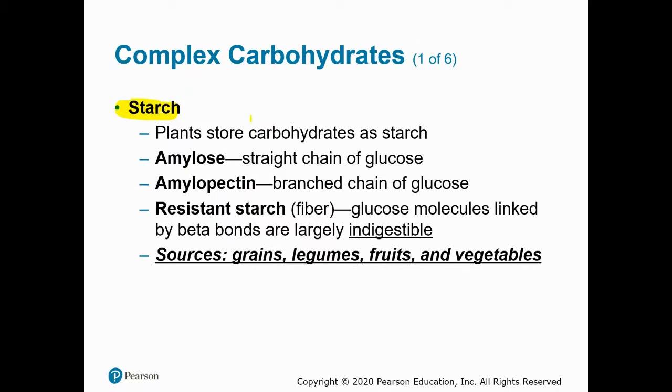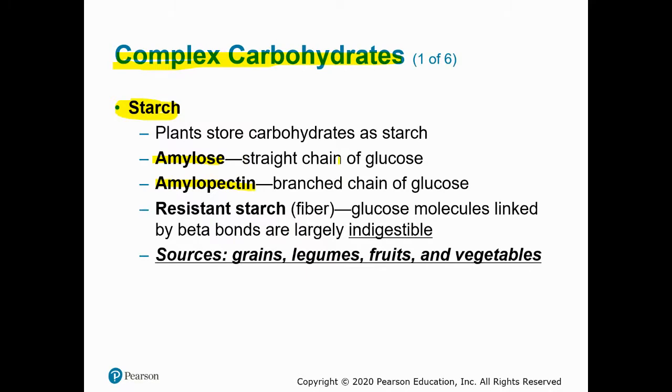You've probably heard the word starch before, like, oh, potatoes are starchy, or beets are starchy, or fruits are starchy. Yes, they are. They contain a lot of complex carbohydrates, which are critical to human health. There are two types of starches that we're going to learn about in this class. One is called amylose, and amylopectin.